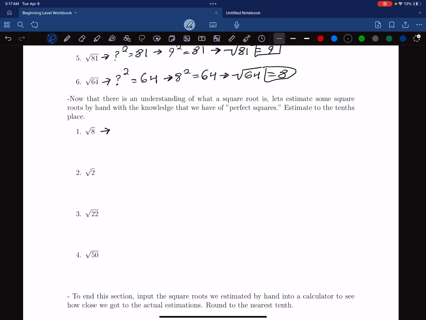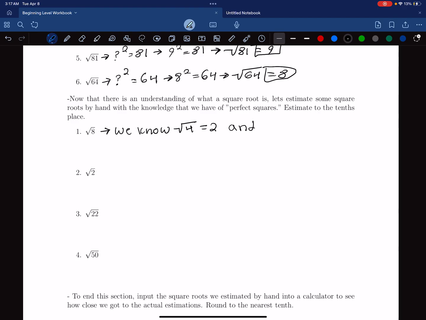So let's first write this out. So we know that the square root of 4 equals 2. And then the next perfect square would be 3 squared, and 3 squared is 9, so the square root of 9 is 3.